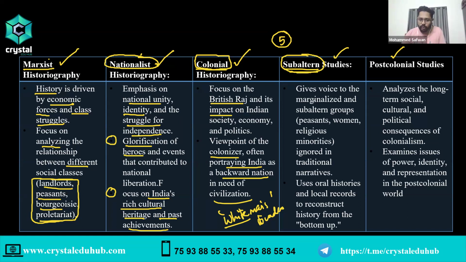So they gave voice to marginalized and subaltern groups like peasantry, women, and religious minorities. As part of this, the peasant historiography, women historiography, and local community historiography all got brought into light. Fine. As part of that, they use oral history and local records.